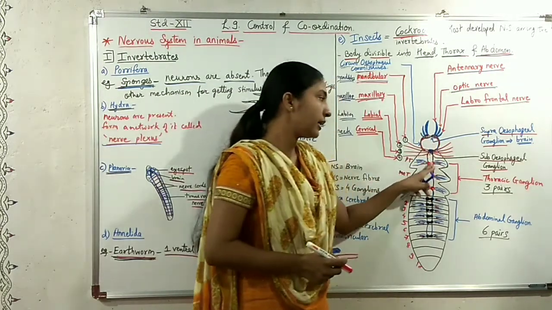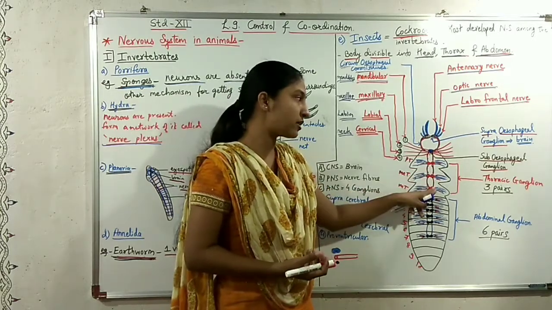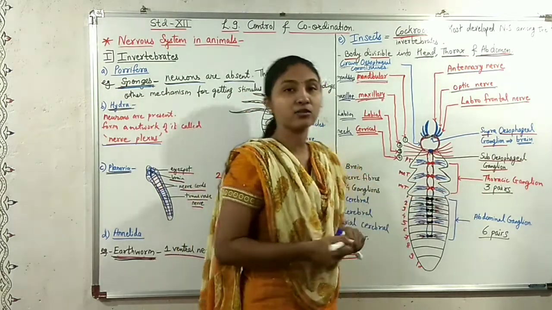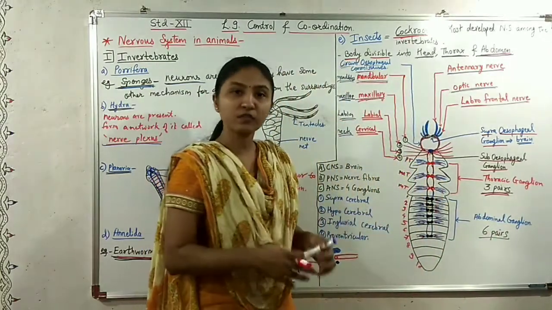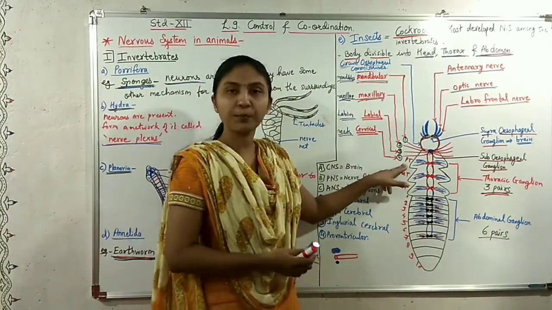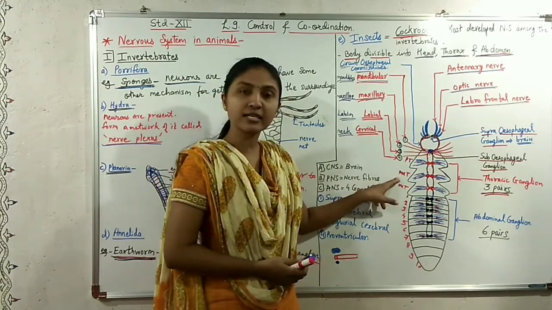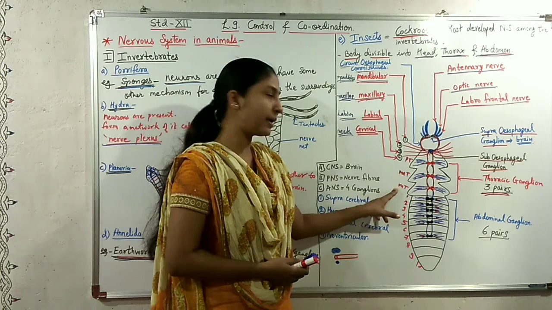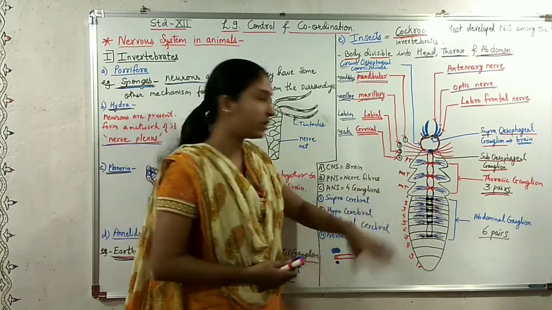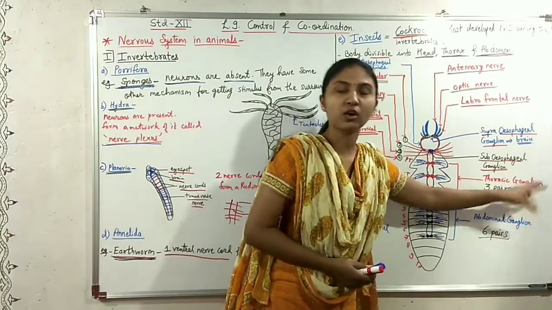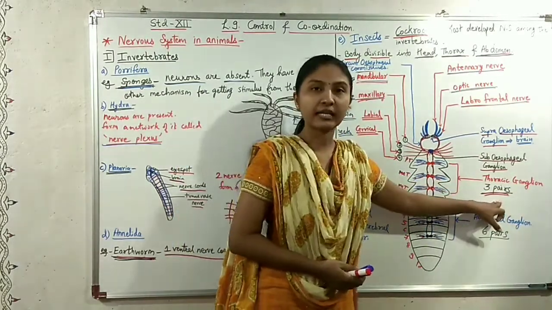Now, in the thoracic region of the body of the cockroach, there are three pairs of ganglia. There are three parts of the thoracic region. The prothoracic region has one pair, the mesothoracic region has one pair, and the metathoracic region has one pair. So altogether there are three pairs of thoracic ganglions.